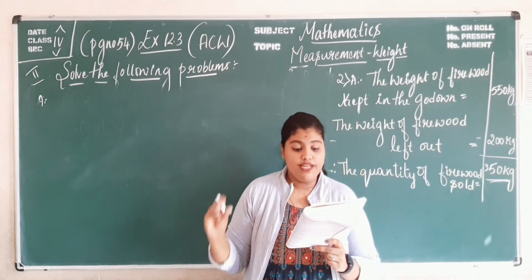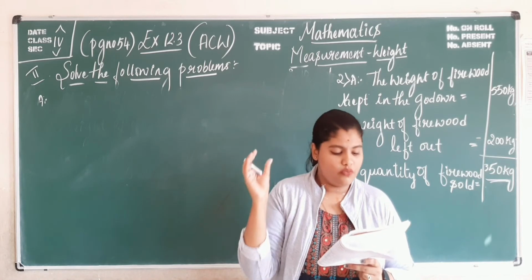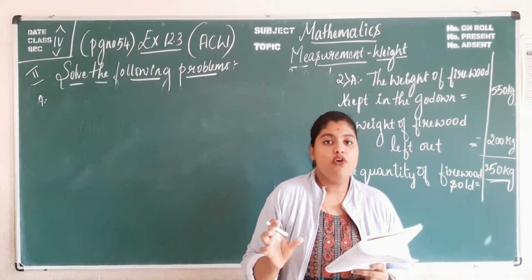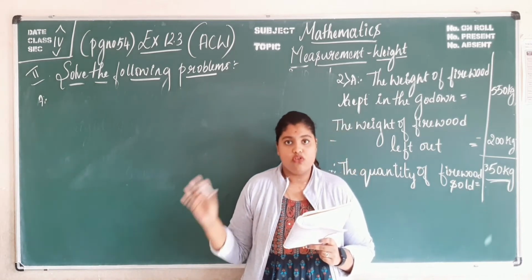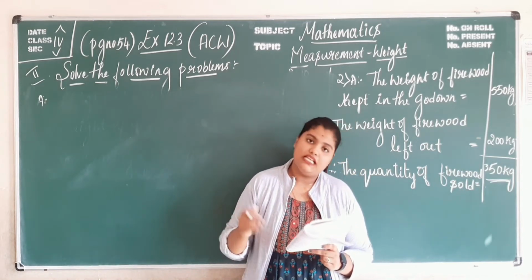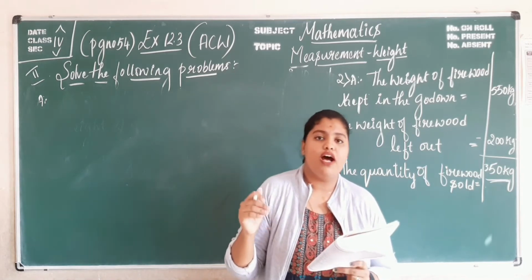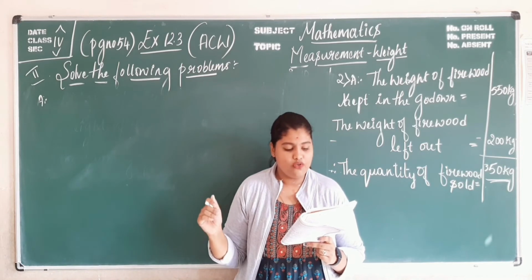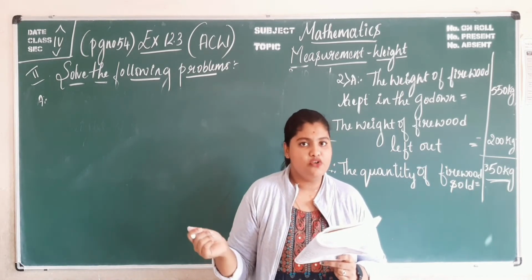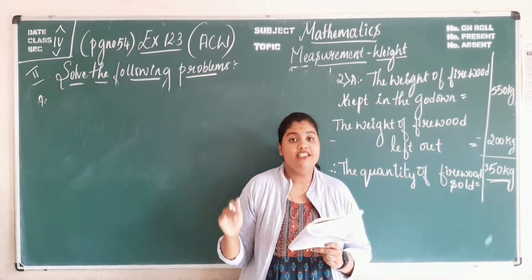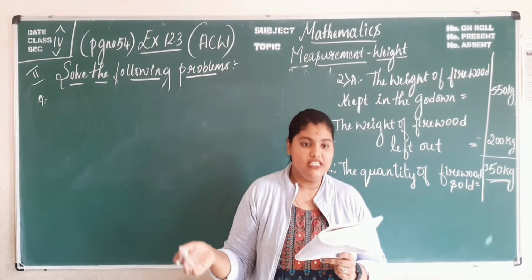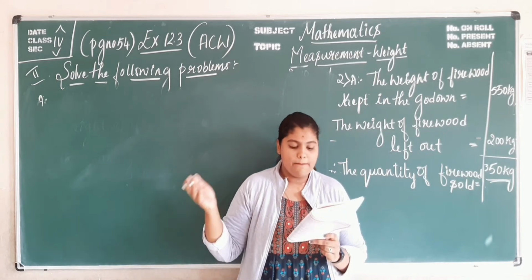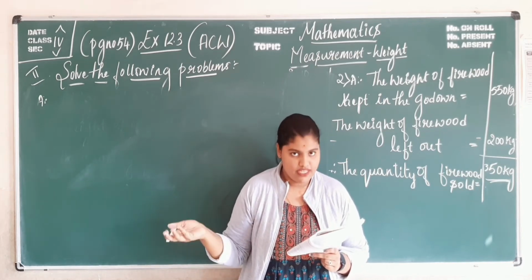Now whose weight is more? We know the weight of Anand and we also know the weight of Suresh. So how can you find out? Yes, just by comparing the weight of Anand and Suresh, you can make out whose weight is more. Anand's weight is more because his weight is 30 kg 750 grams, when compared to 28 kg 250 grams.